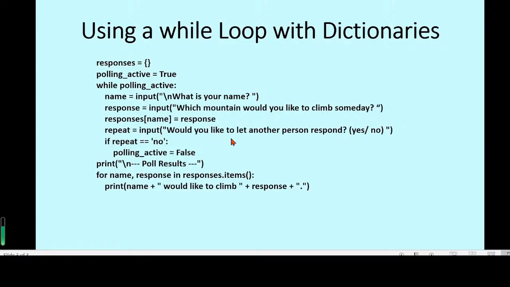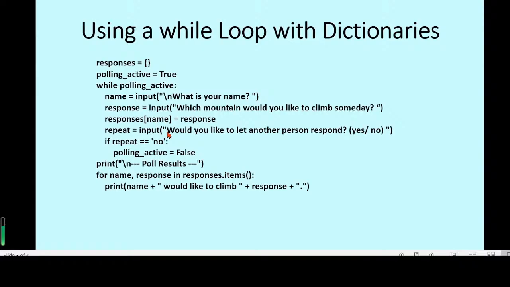Then there is another input for the user to repeat. The prompt is, "Would you like to let another person respond?" If the user does not enter no, then the process will continue, and the user goes back to the while loop and can input another name and response with a mountain, then add another key-value pair in the dictionary.